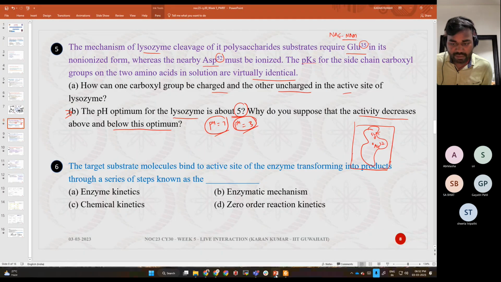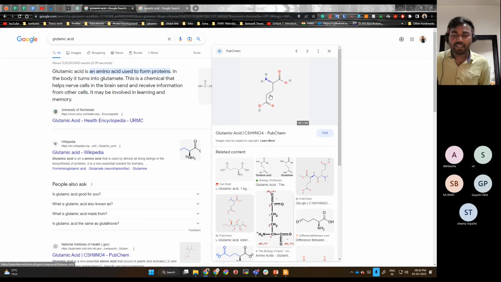Are you agreeing on this? Because the extra carbon will introduce hydrophobicity, which will have an impact on the acidity of this particular acidic amino acid. Yes, sir, because as you increase the carbon length, the polar nature will reduce, right?